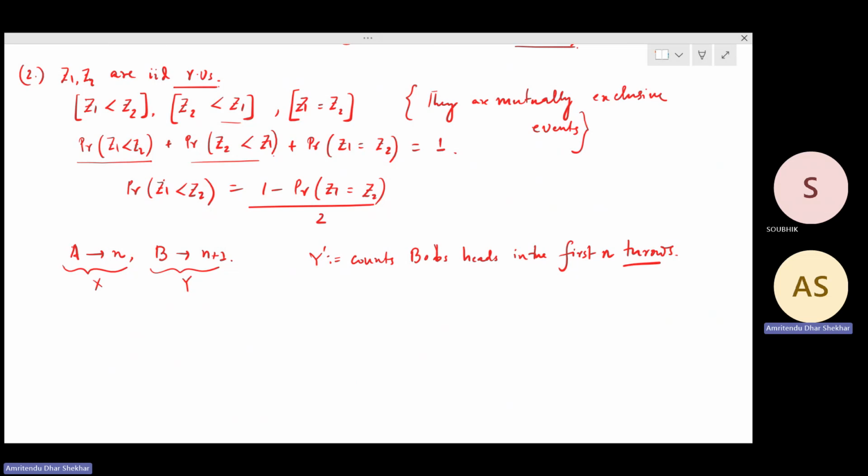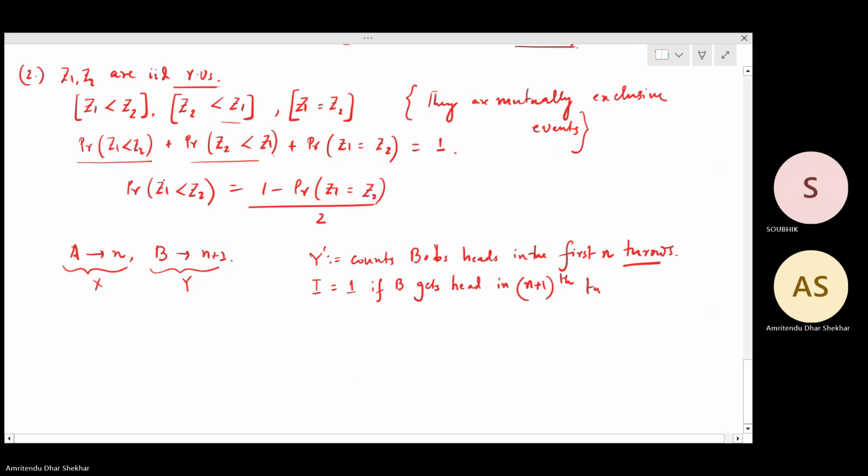And I declare one more random variable. Let's call it I. So I is basically Bob's count in the last throw. I is equal to 1 if Bob gets head in the n plus 1th turn, and 0 otherwise.